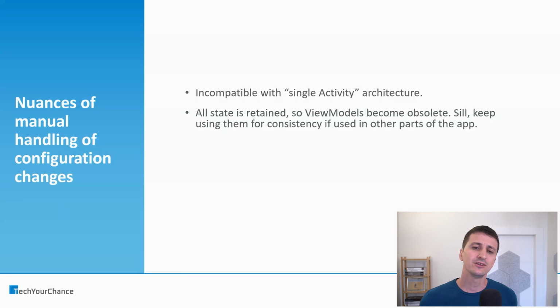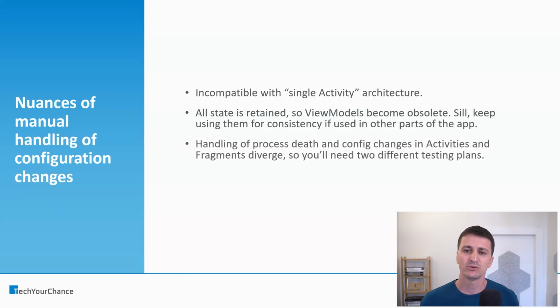And what I find to be one of the biggest problems with handling config changes manually is that if you don't handle them manually, if the activity and fragment are destroyed and recreated on config changes, then in most cases, if you test your app for process death, then it also covers the config changes. Process death is when your process is destroyed by the Android operating system when the app is in the background, and you use onSaveInstanceState, onRestoreInstanceState, and inside view models you use SavedStateHandle to preserve your state.